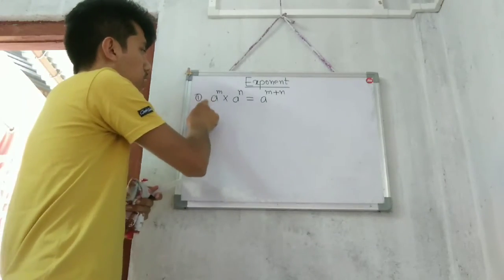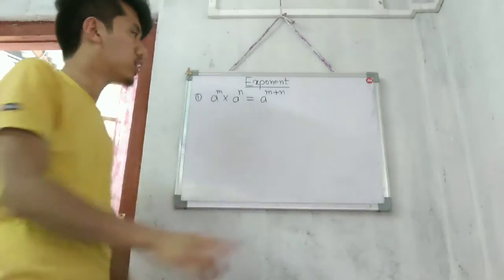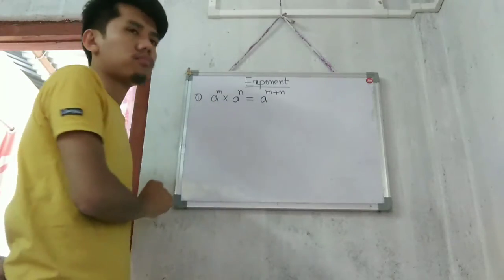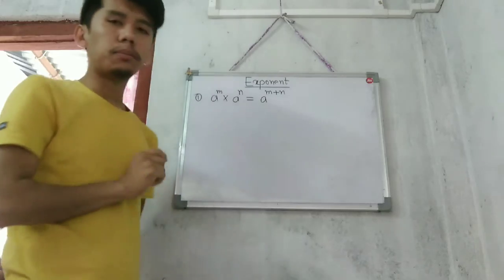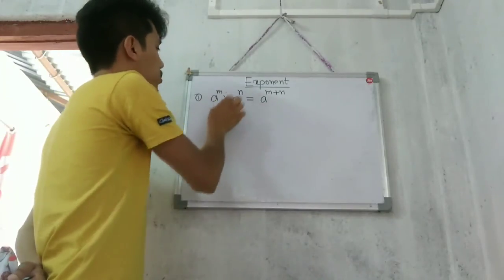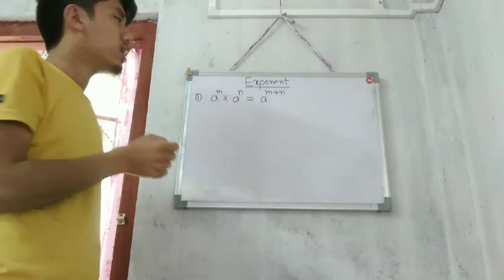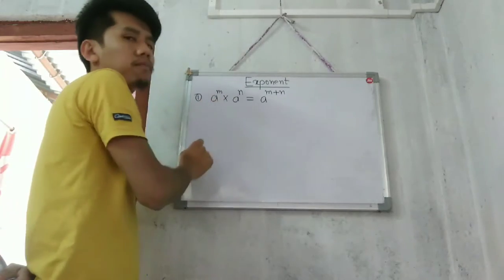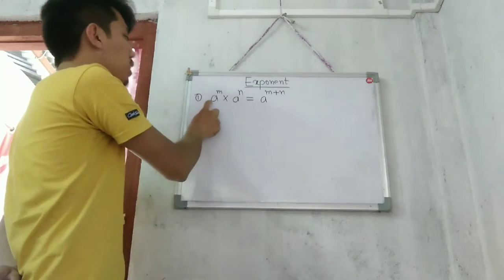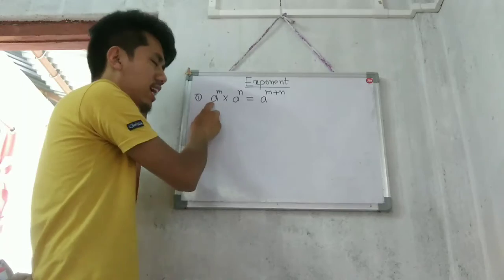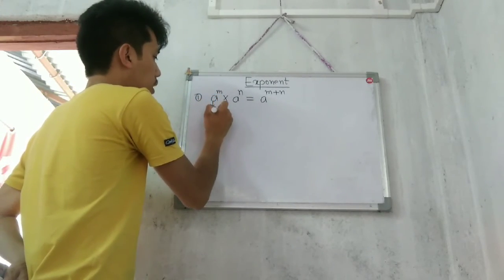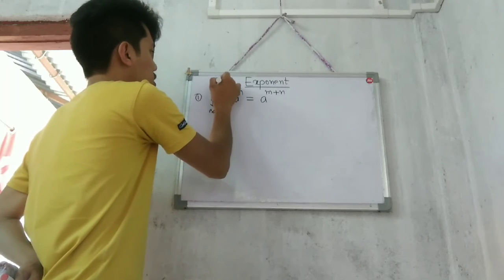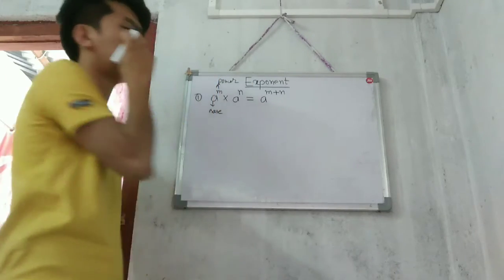What are the expressions here? The expressions are a to the power m. As I said just now, the variable simply represents the base, and these numbers or any variables simply represent the power. So in a to the power m, a is the base and m is the power.